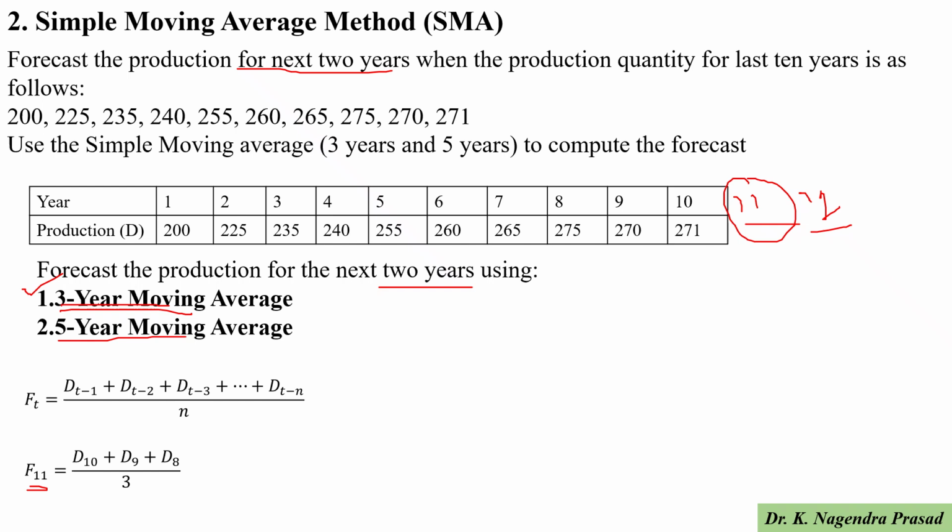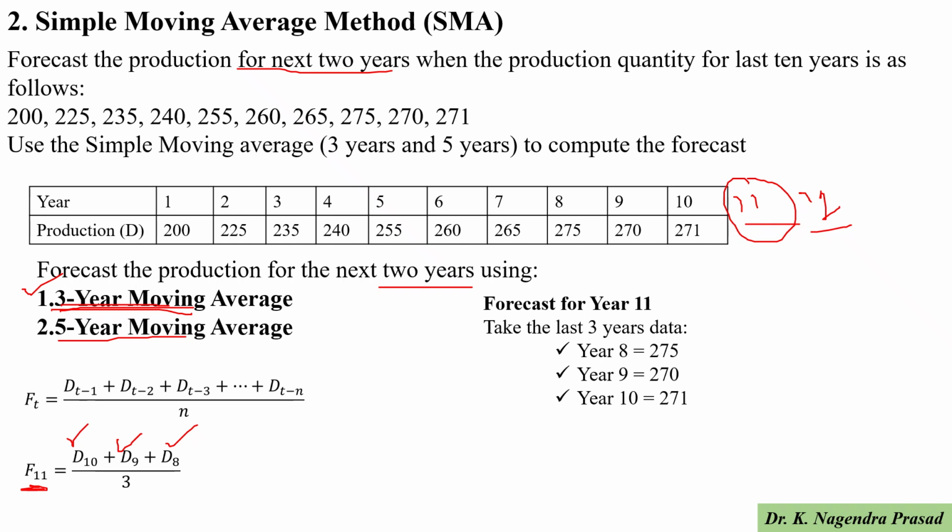Then F11 will become D11 minus 1, which is the demand of the 10th year, plus D11 minus 2, which is D9, the 9th year demand value, plus D11 minus 3, so D8, which is the 8th year demand value. We consider only 3 years of data because we use the 3-year moving average. So F11 equals D10 plus D9 plus D8, divided by 3.